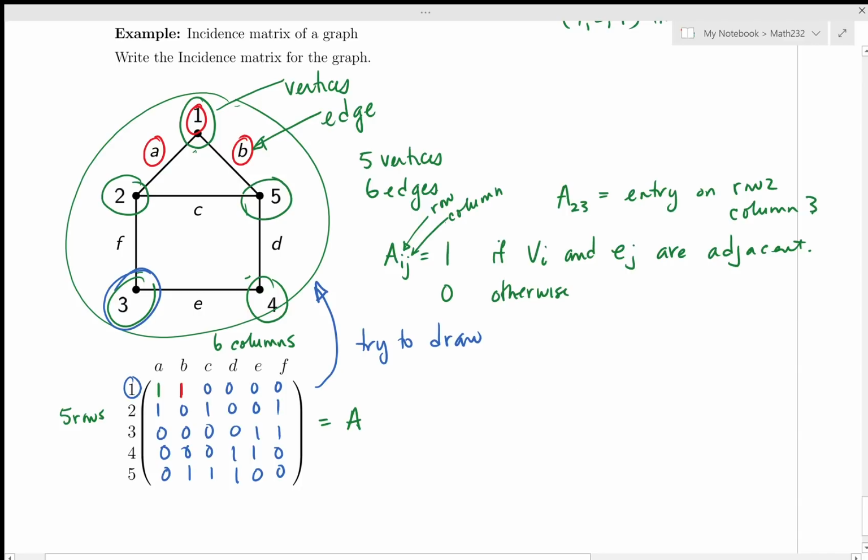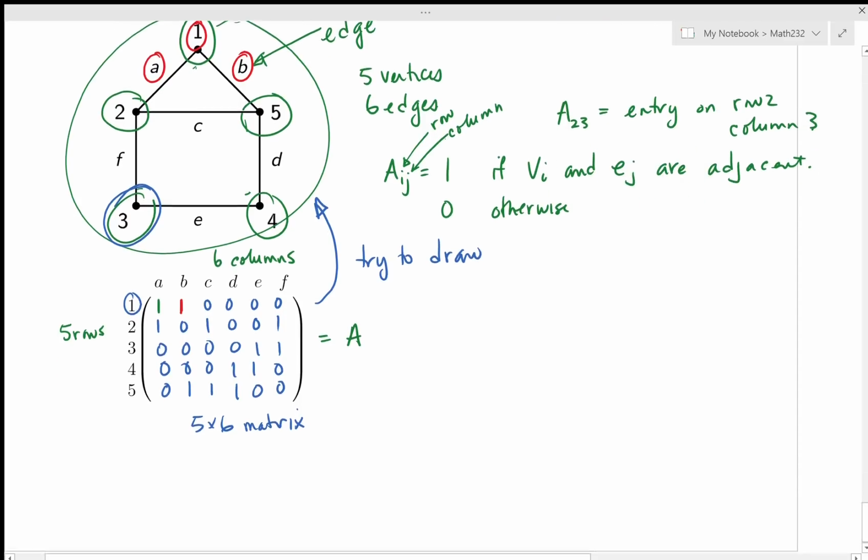So this is very different from our system of linear equations. I have here a 5 by 6 matrix that represents this graph above in a particular manner. Now, consider if I took that same matrix.